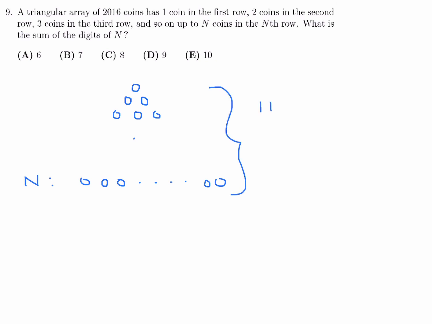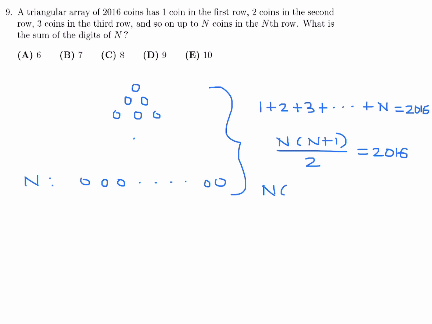So that means 1 plus 2 plus 3 plus dot, dot, dot, all the way up until n is equal to 2016. And therefore we use that formula, n times n plus 1 divided by 2 is equal to 2016. So n times n plus 1, you multiply 2016 times 2, so we get 4032.